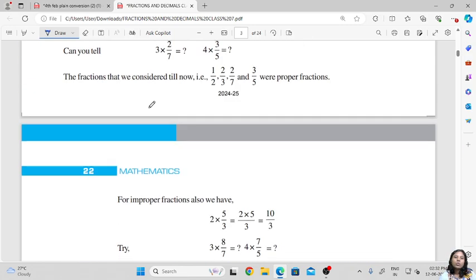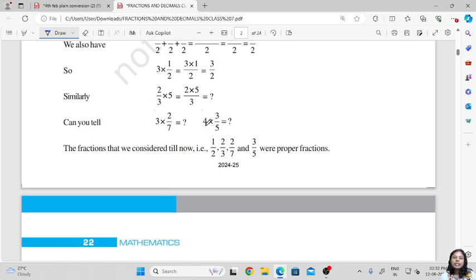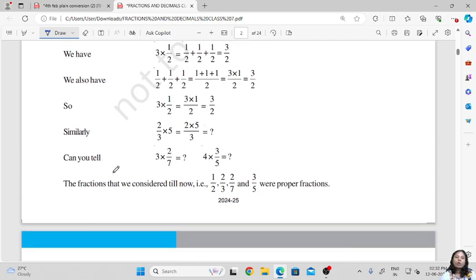Now, all that we considered were proper fractions.